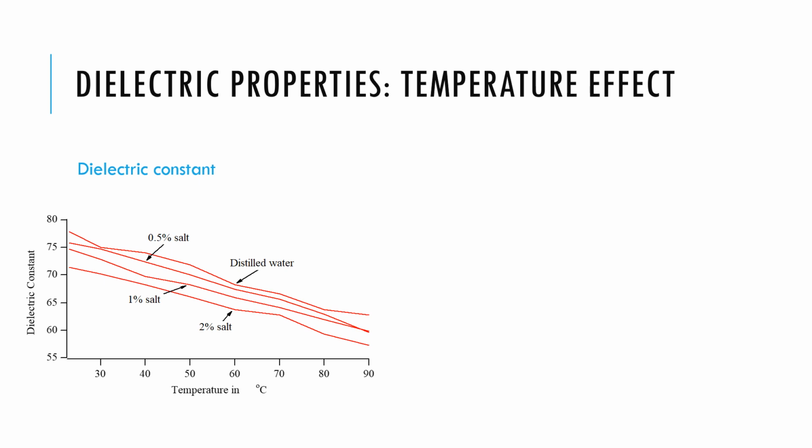So these plots are for a simple system that can represent at least partly how foods would behave. So these are for distilled water and solutions of water with salt in it. So first, the dielectric constant: as the temperature increases, the dielectric constant decreases.